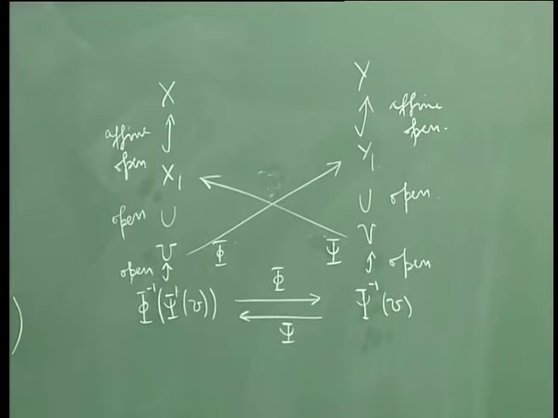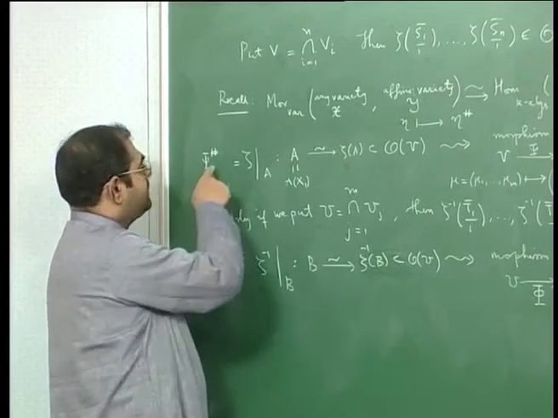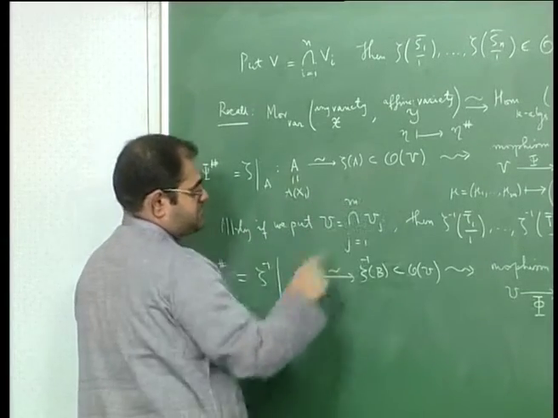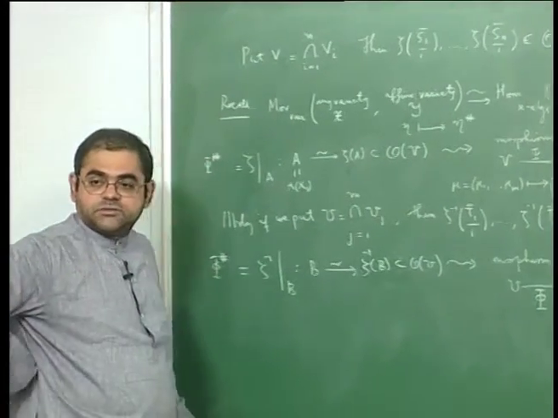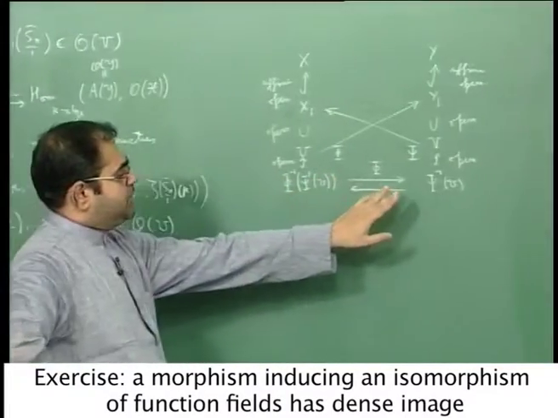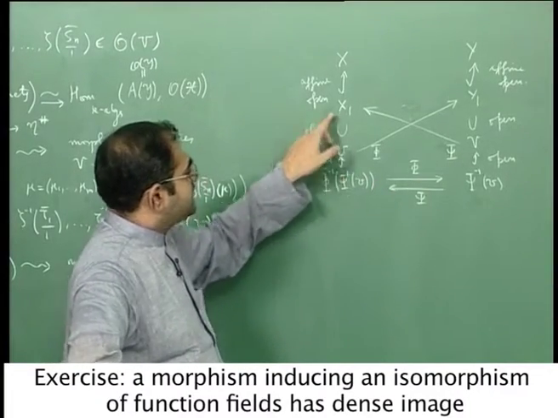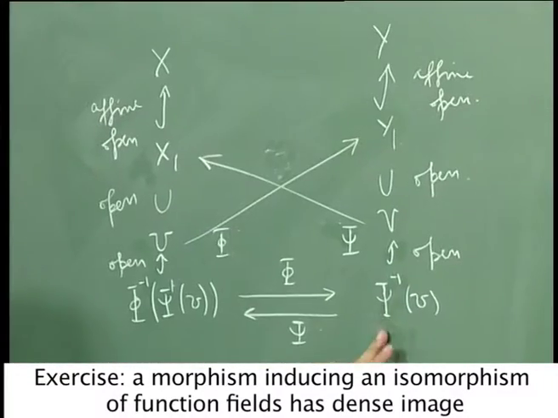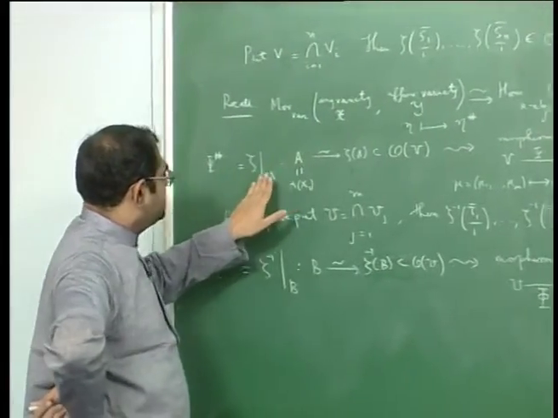These non-emptiness statements come because both psi and phi, at the pullback of regular functions level, induce injective maps, and it is this injectivity that ensures first that u will intersect the image of psi, and similarly that psi inverse u will intersect the image of phi.